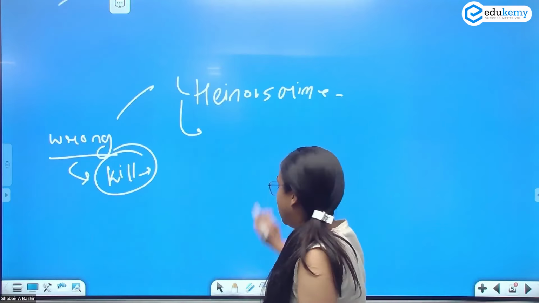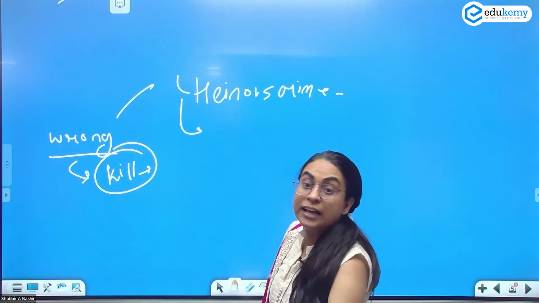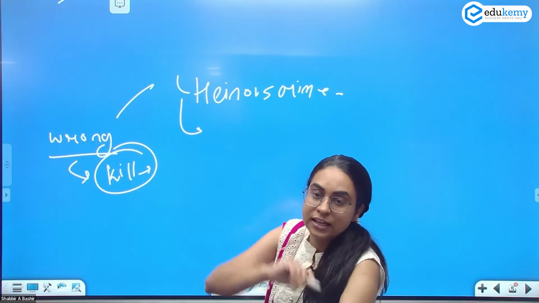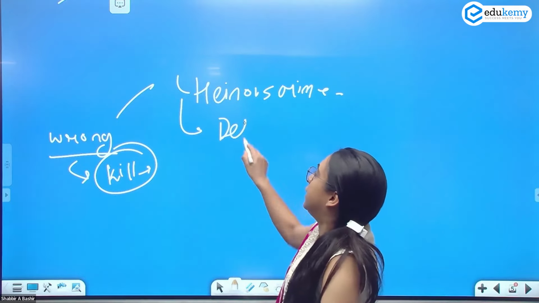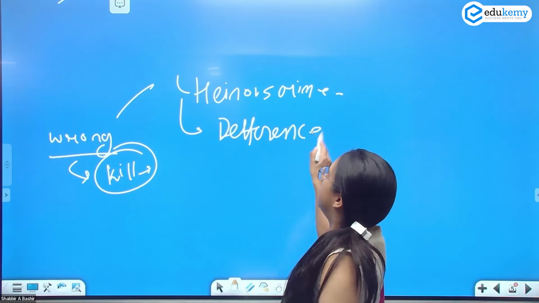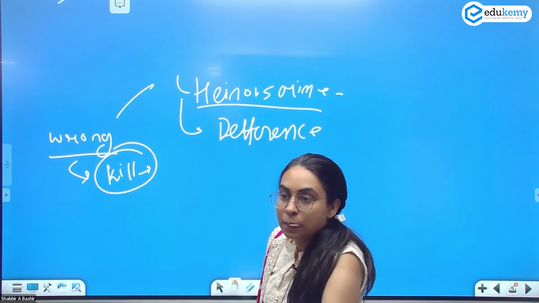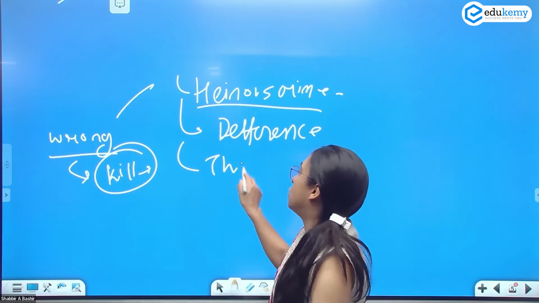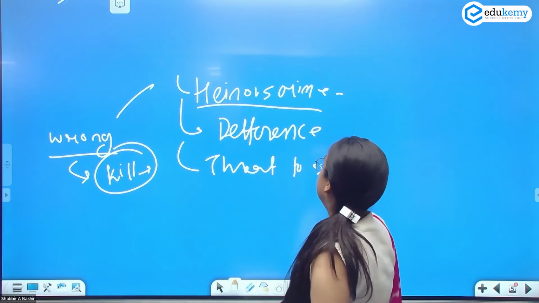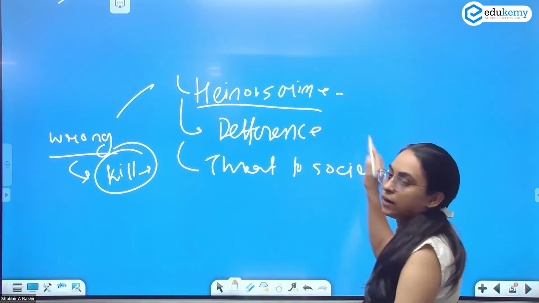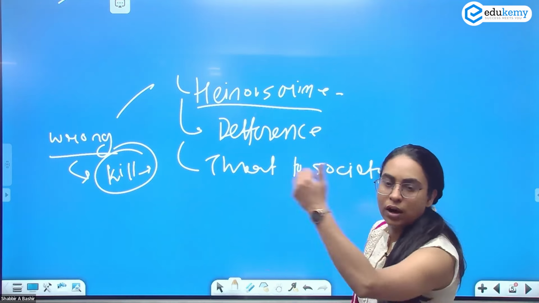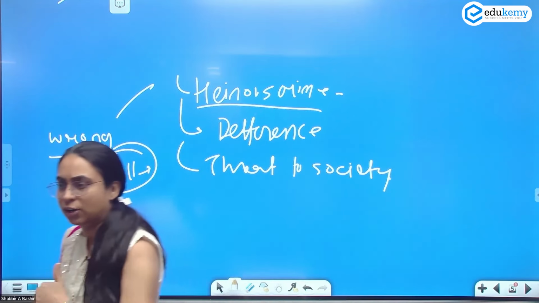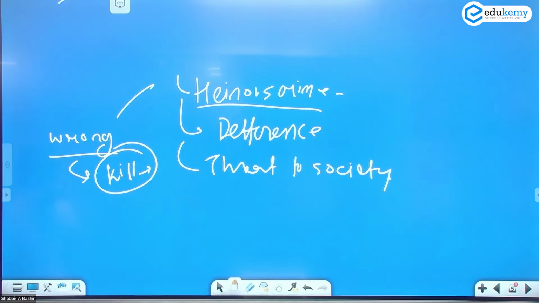Now you will say that it is right because it can give a lesson. एक lesson मिलेगा. It can create a deterrence. Heinous crime है, you punish. हाँ, it's a threat to a society. To threat to society रहेगा, तो you can justify it. You will kill that. You are hanging that person because it's a threat to society. It can create a deterrence.